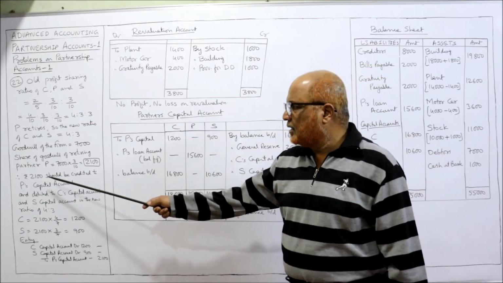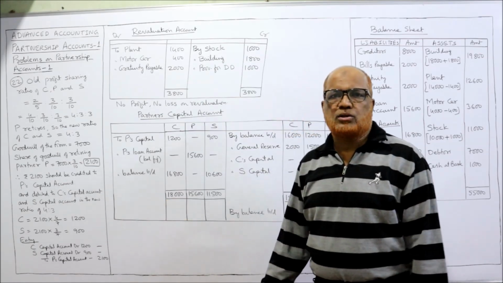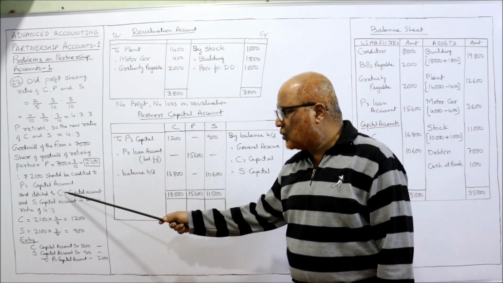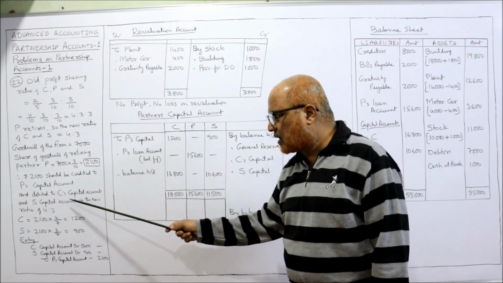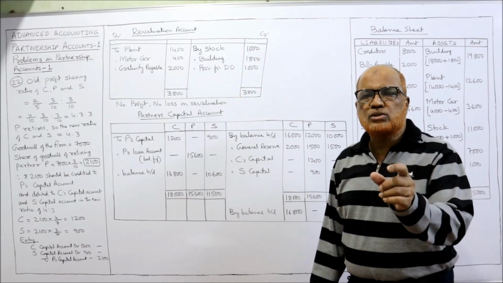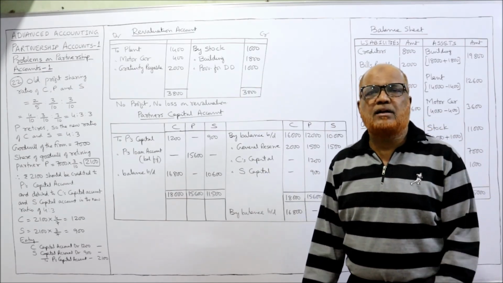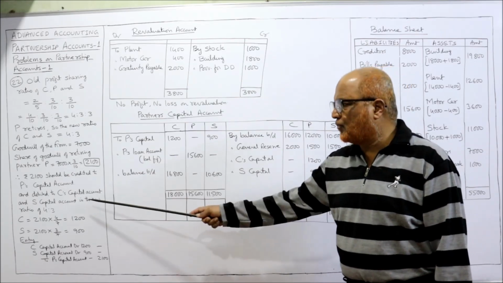Now how it should be done? Therefore 2,100 should be credited to P's capital account and debited to C's capital account and S's capital account in the new ratio of 4 is to 3. This 2,100 will be distributed between the continuing partners C and S in the ratio of 4 is to 3.